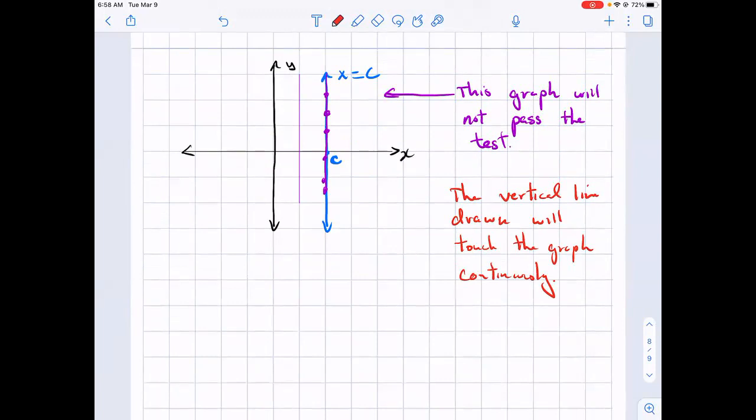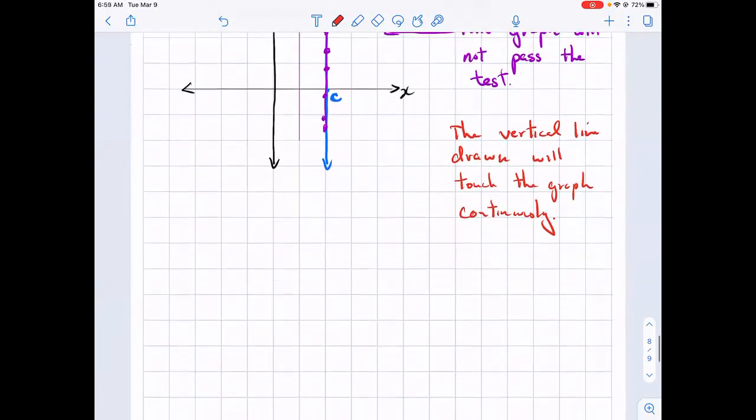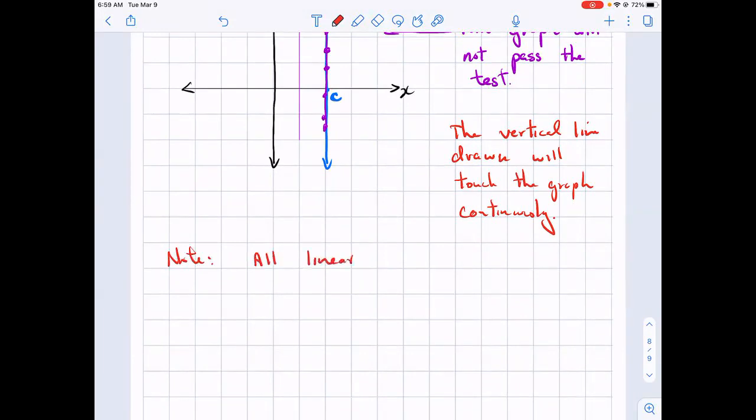So note that all linear graphs or functions pass, except the vertical line.